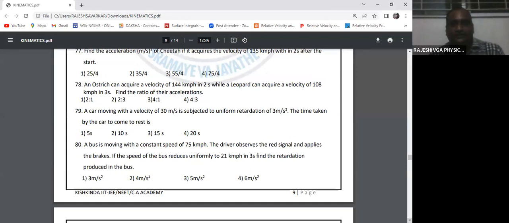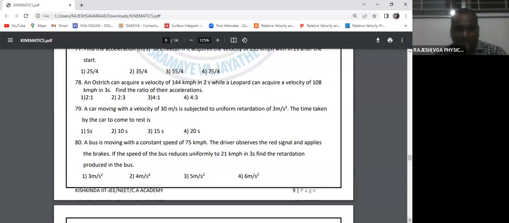So 144 by 2, this is 108 by 3. Find the ratio, then you will get the answer. 72 by 36. That is 2:1. You don't need to convert because both conversions will get cancelled.